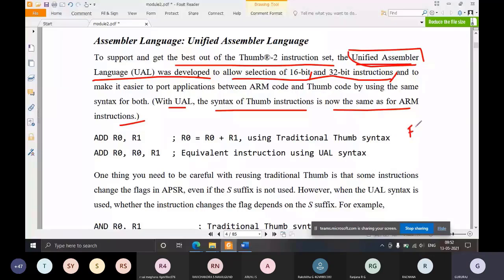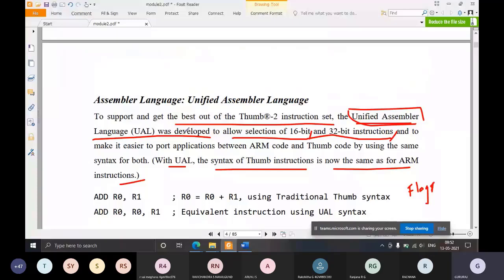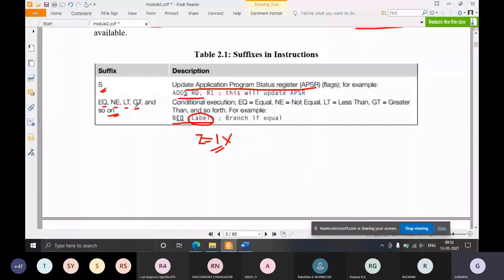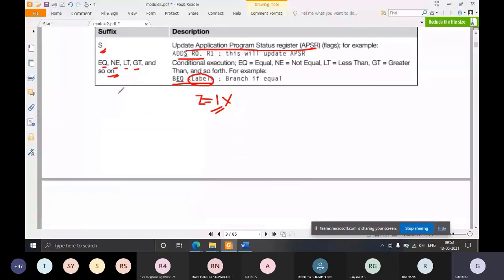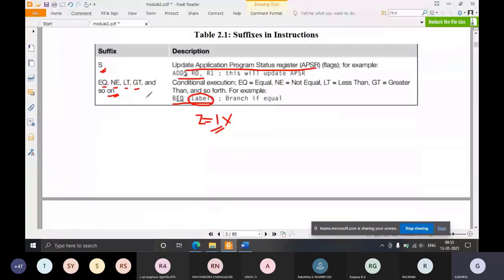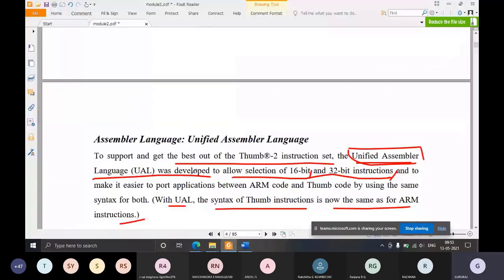We just saw that, by using the suffix S. So you have the liberty, by using suffixes like this, to choose whether you want to update the flags or not. This can be done only in UAL language syntax.